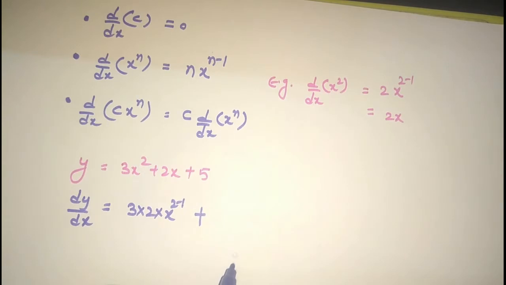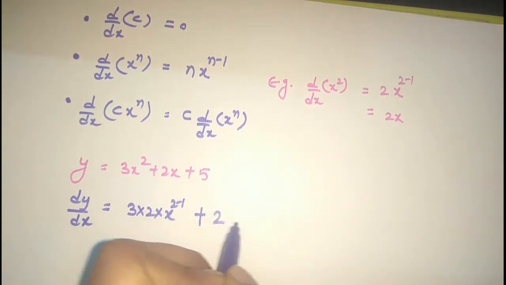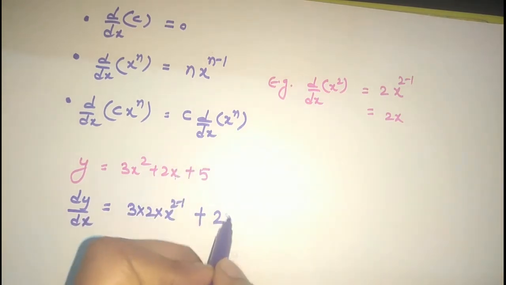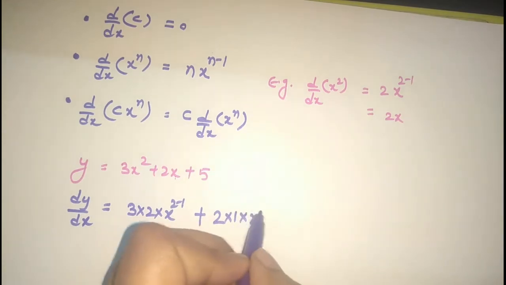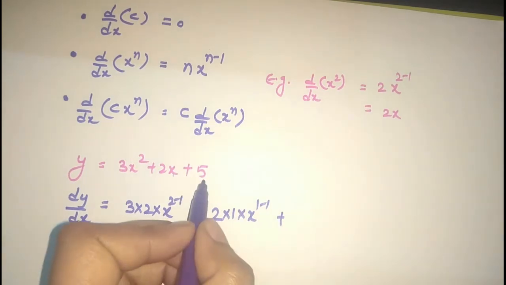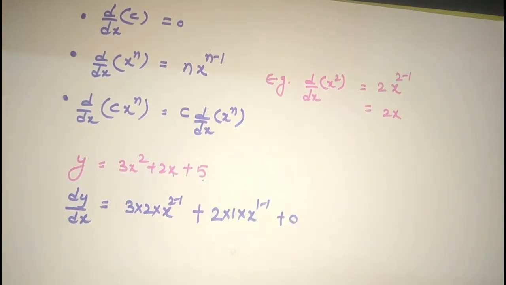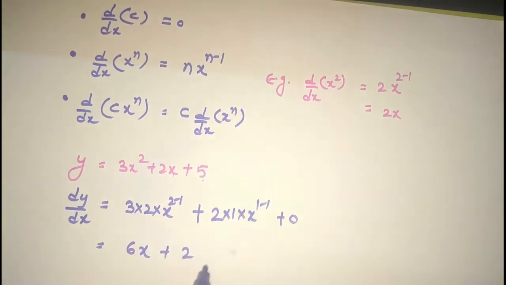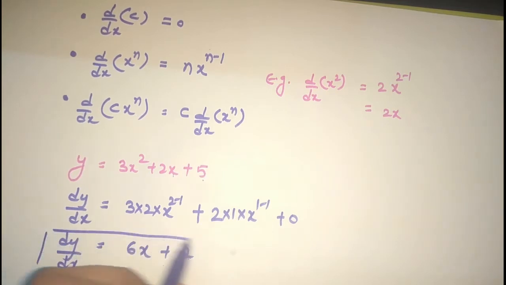Plus 2x, that is 2 remains as it is, the exponent of x is 1, when 1 comes in front, it remains x to the power 1 minus 1. Plus the constant term, whose derivative is 0. So we have 6x plus 2, x raised to power 1 minus 1 is x raised to power 0, and it is 1. So we write 2 plus 0. Then it becomes 6x plus 2. So the derivative of y is 6x plus 2.